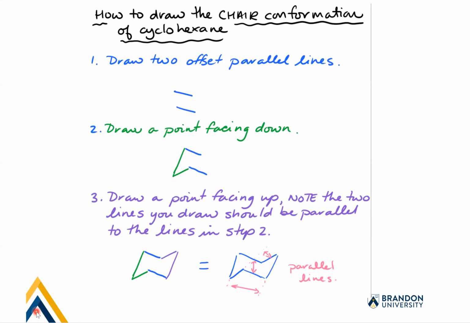I'm going to draw with this guy. So there's a couple of steps here. The first step is, what we're going to see is there are 2 types of chairs that you can draw.